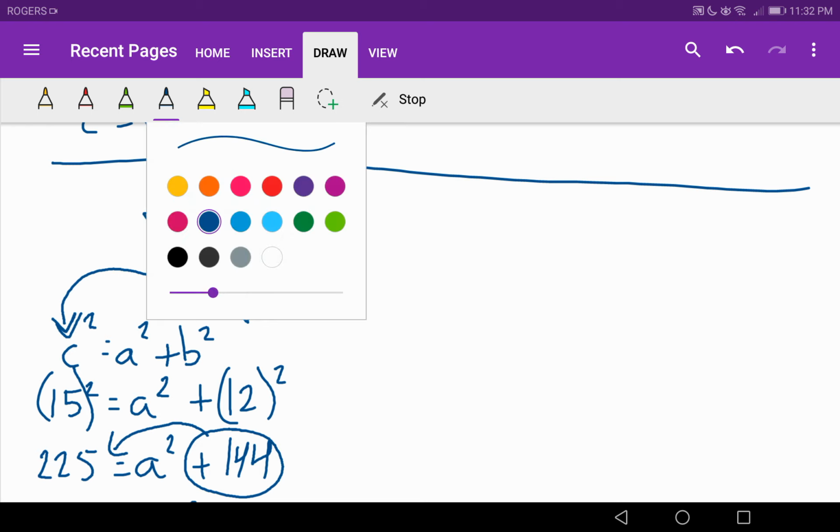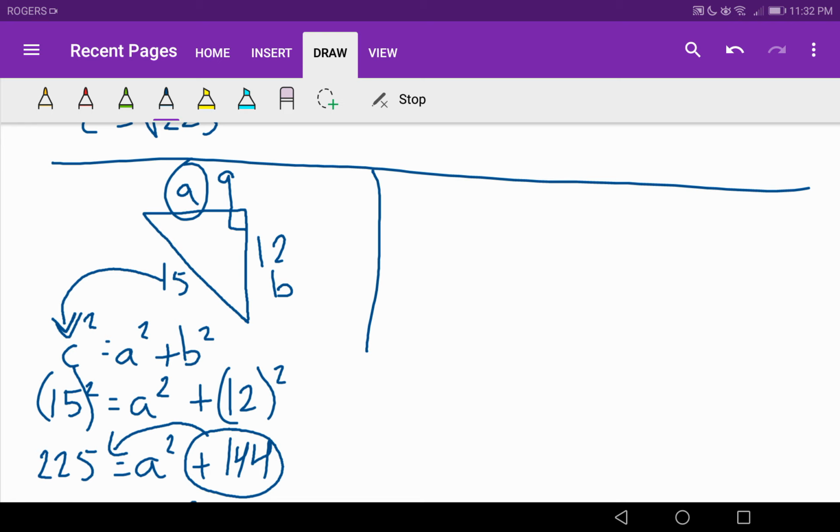Okay. So what I'm trying to show you is that you will be asked to solve for either C or A or B. C is the easiest one to solve for, the hypotenuse, because C is already by itself in the formula C squared equals A squared plus B squared.